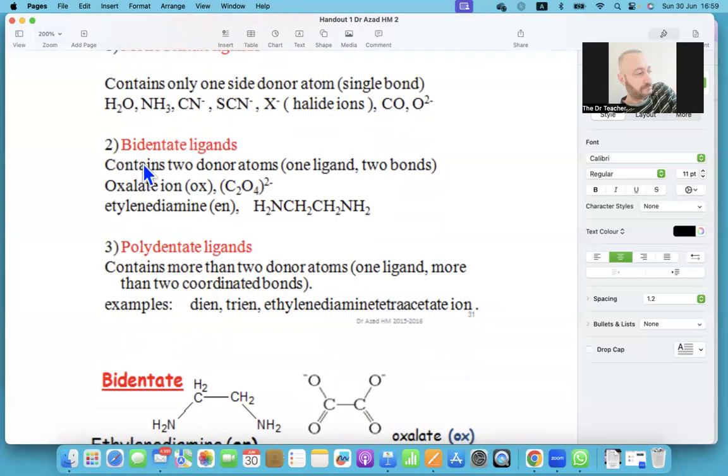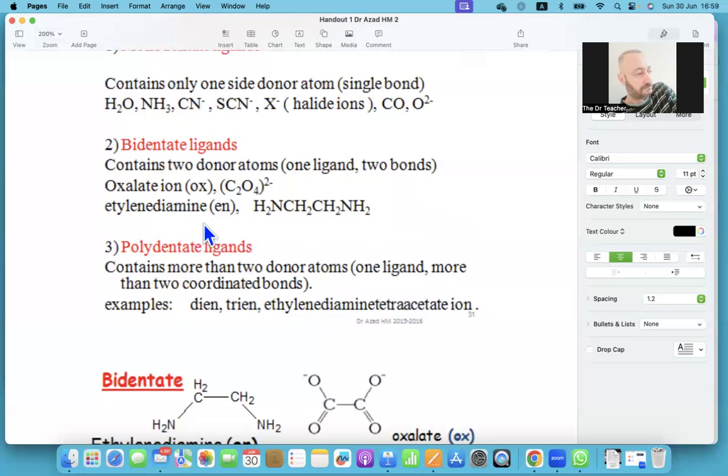Let's come to the bidentate ligands. They contain 2 donor atoms: 1 ligand, 2 bonds. Like oxalate. The oxalate, short OX, is C2O4. The C2O4 can bond from 2 oxygen atoms to 1 metal atom, so it can form 2 bonds to the metal ion.